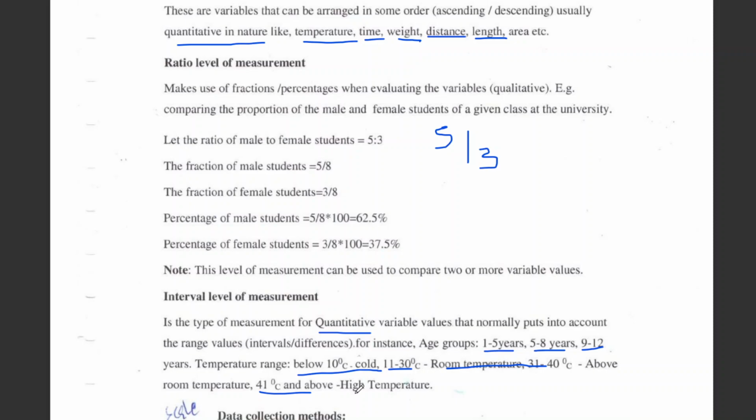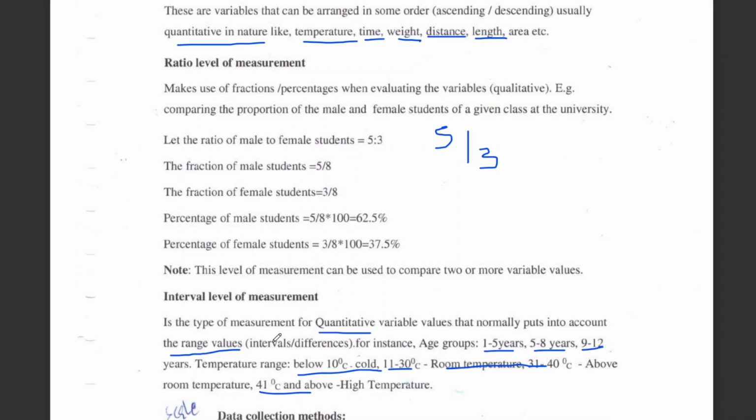You can say people who have got from A to D enter this class like that. So they are quantitative, they can be measured, that is one, and it takes into account ranges. Weights from this weight to this weight enter this.